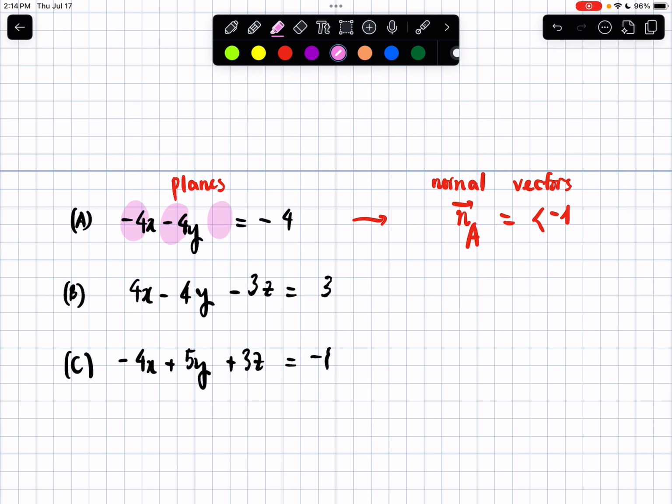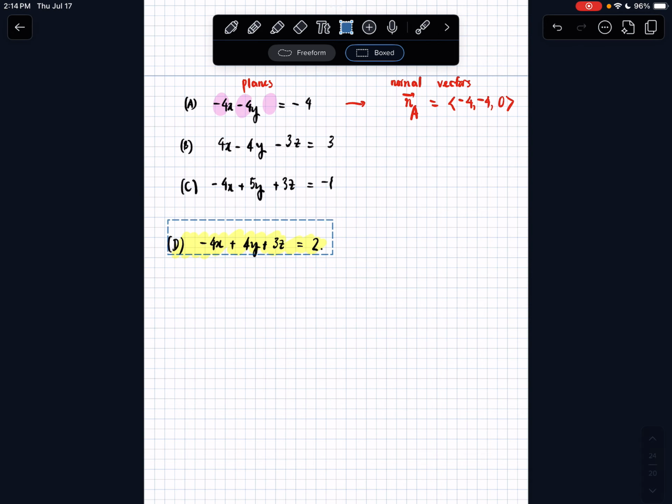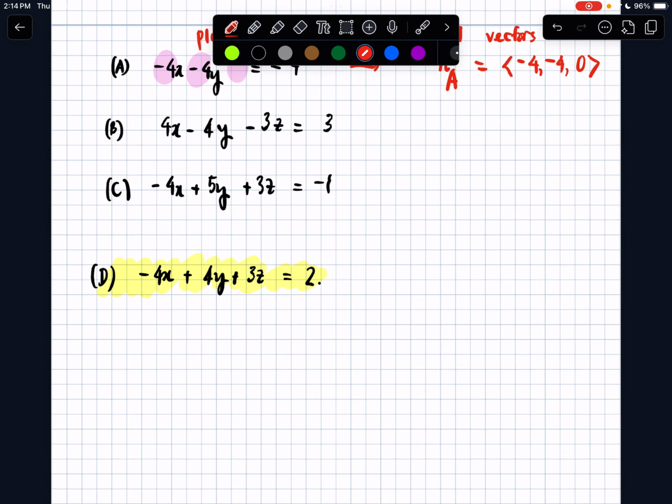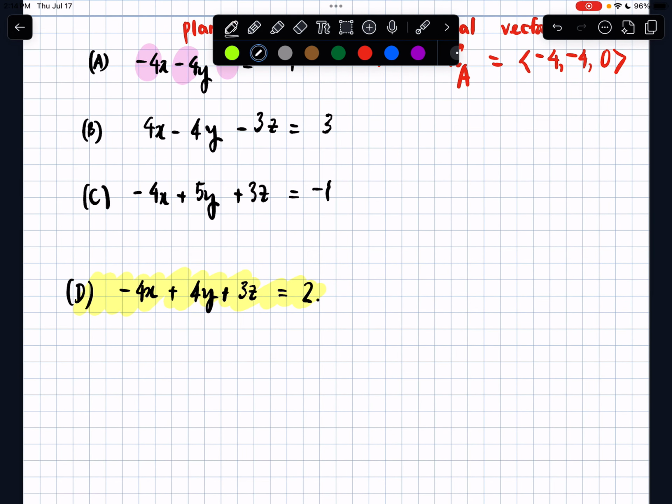So in our case, NA is (-4, 4, 0), because we don't have any z here. For the plane D, ND, the normal vector of D, is (-4, 4, 3).